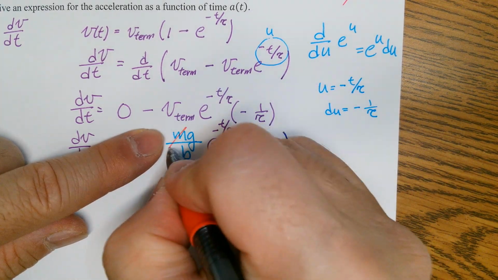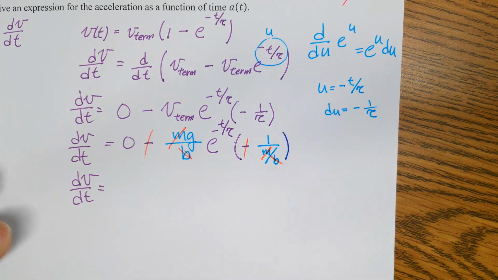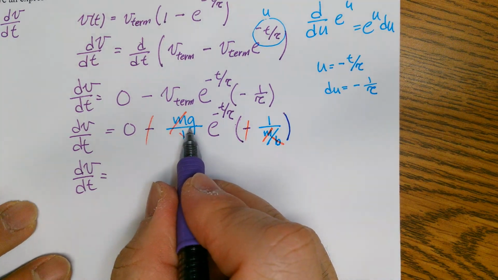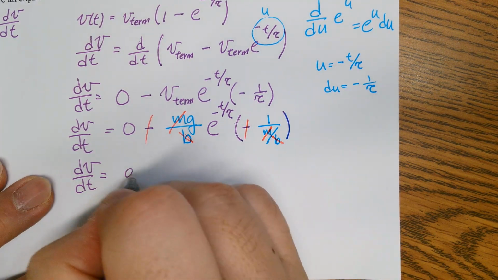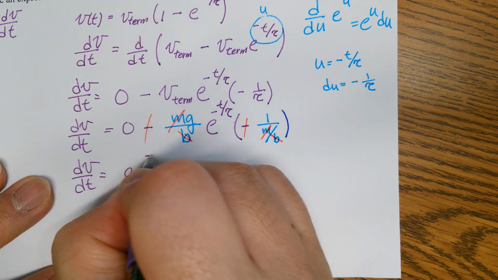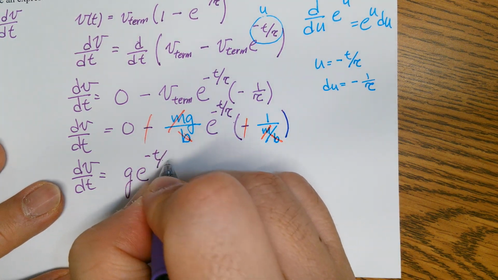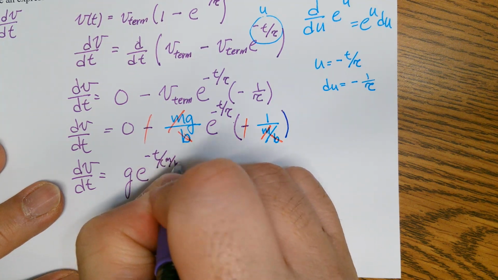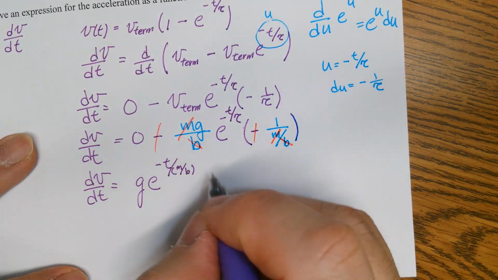So m's will cancel out and b's will cancel out. Right? So this will just give me g times e to the negative t over tau, which is m over b. So that would be my acceleration.